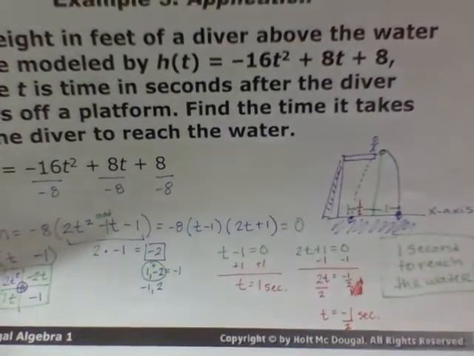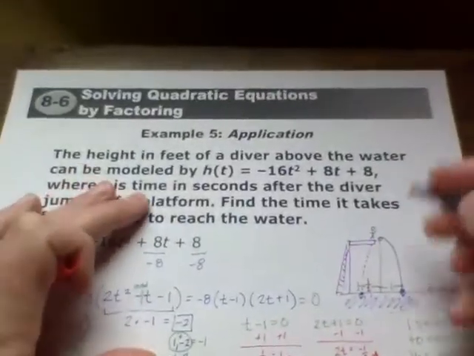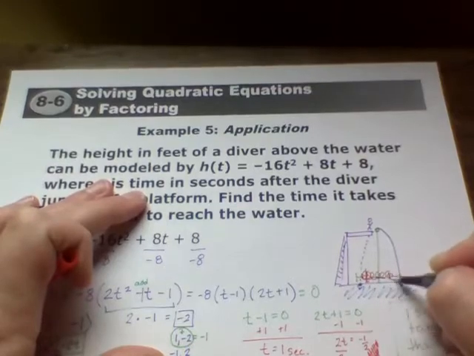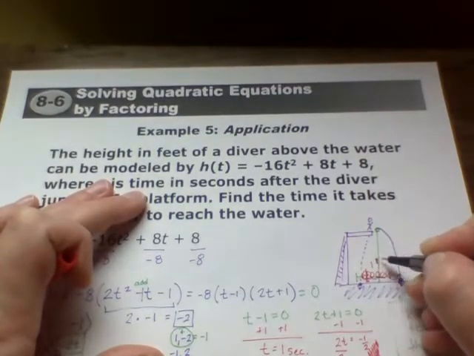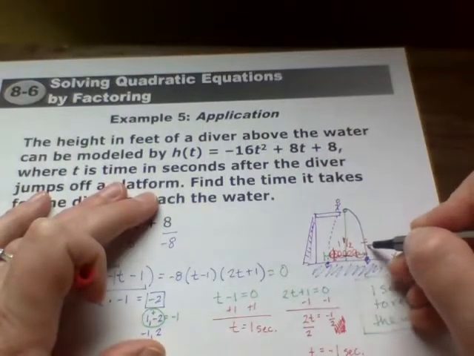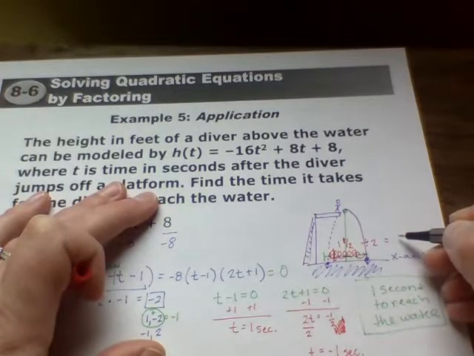And so because of that, there's an entire 1.5 seconds of this entire trip going up and back down. And so if he's up here and it's taking 1.5 seconds, 1.5 seconds divided by 2 is going to mean that it's actually 3/4 of a second.